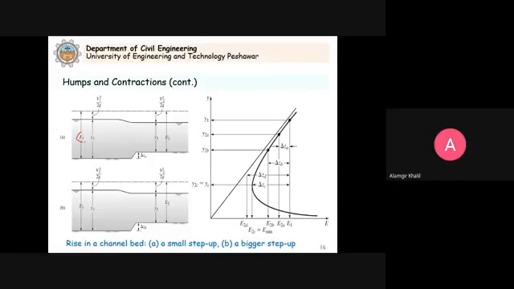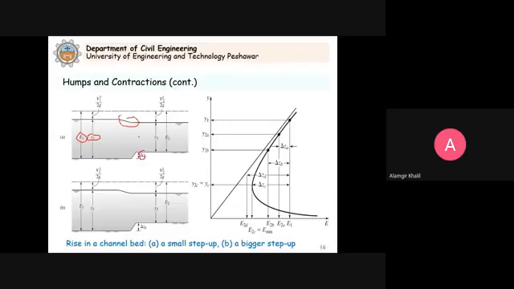Because this is E1 here and this is the depth here. We provide this rise in the bed of the channel. So this is delta ZA. With this delta ZA, what will happen? The flow is subcritical, so there is a depression. You can see here that there is a depression in the water surface.